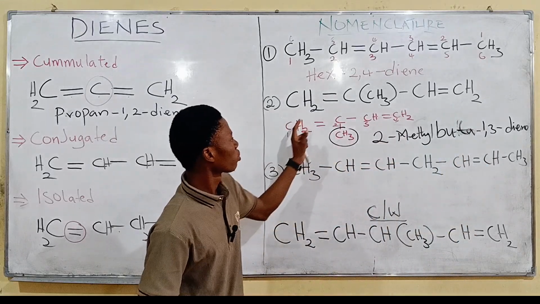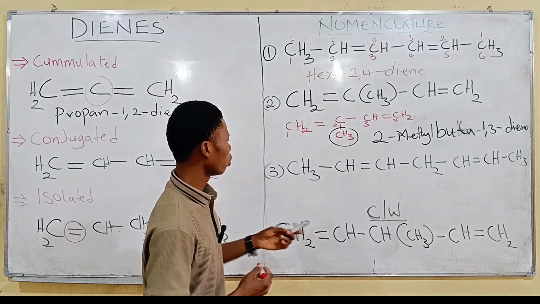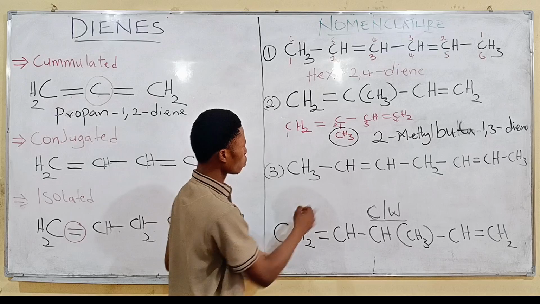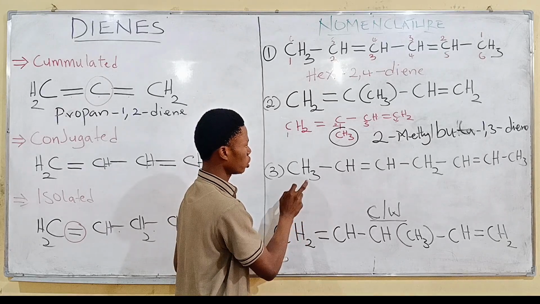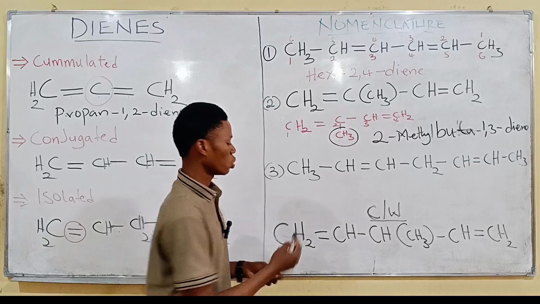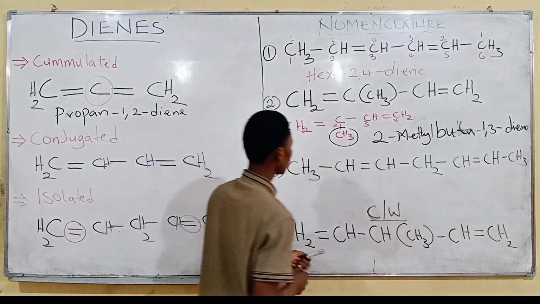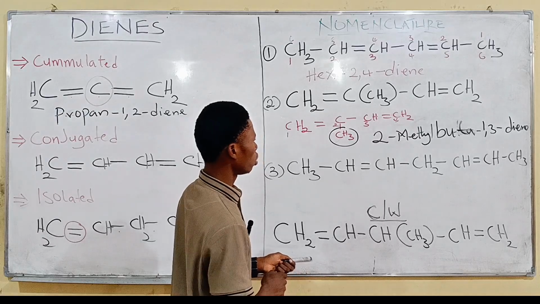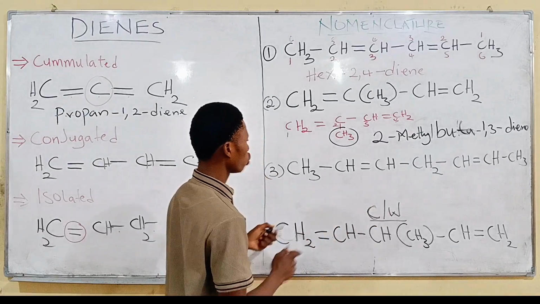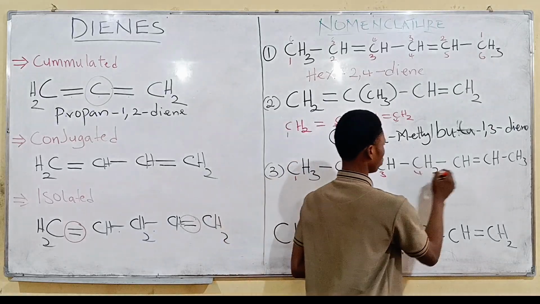All right. Now that's that. I'll do the last one, then you answer the other one for me. This one is a little simple because it's a straight chain. So all you have to do is to count the number of carbons. So here we'll be having 1, 2, 3, 4, 5, 6, 7. Let's number it to give it the lowest numbering. Though the way it is positioned, anyhow you number it, you still have the same position.